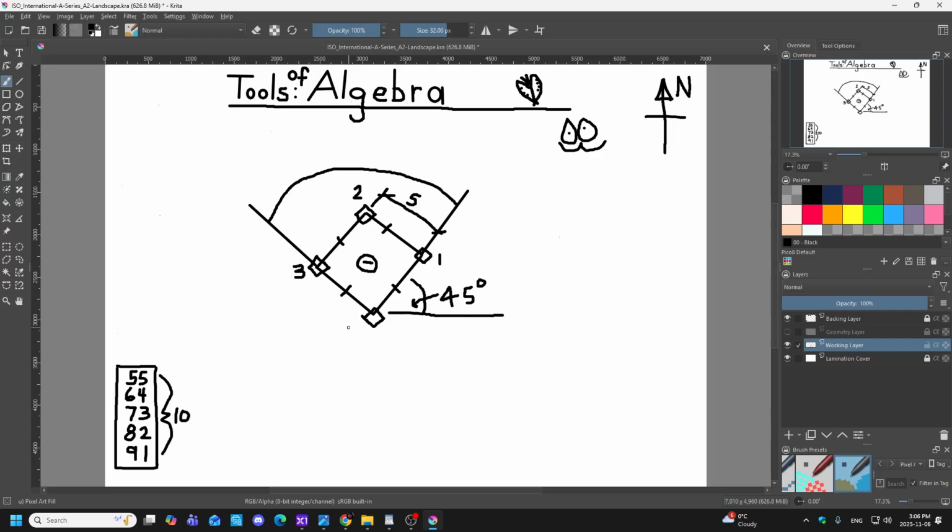Suppose S represents the length of each side. Since the infield is a square, you can use the expression 4 times S. So you might hear that in the question, 4 times S. Okay?